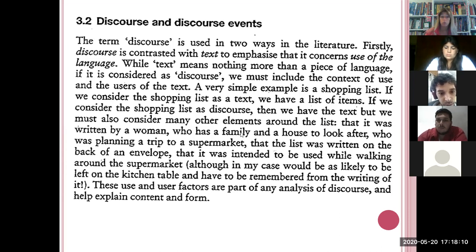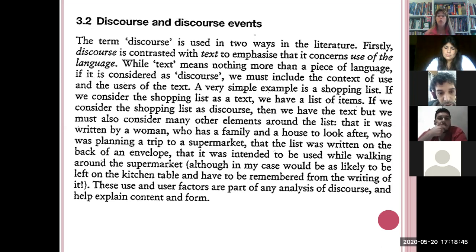It was written by a woman, or a man, who has a family and a house to look after, who was planning a trip to the supermarket, that the list was written on the back of an envelope or a slip of paper, and that it was intended to be used while walking around the supermarket. So in terms of grammar, it would be only a list, and in terms of discourse, we analyze all that is in brackets.